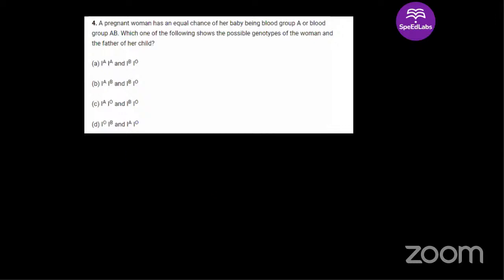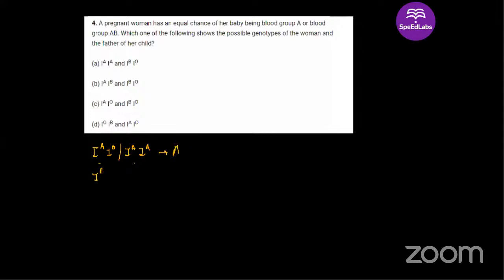All right, first of all, tell me if IA IA or IA IO is the genotype, then what is the blood group? If either of these is the genotype, what is the blood group of the individual? A blood group, right?